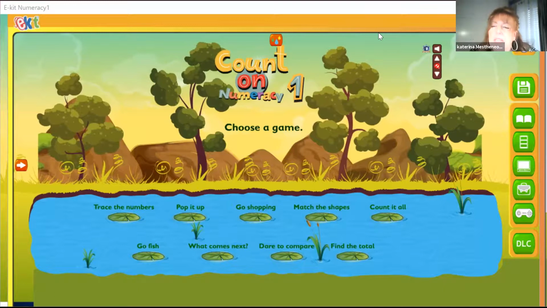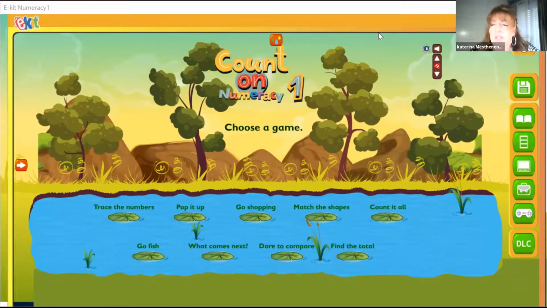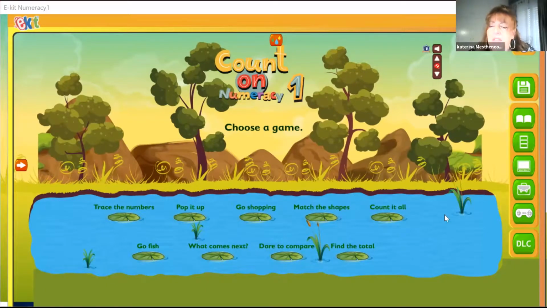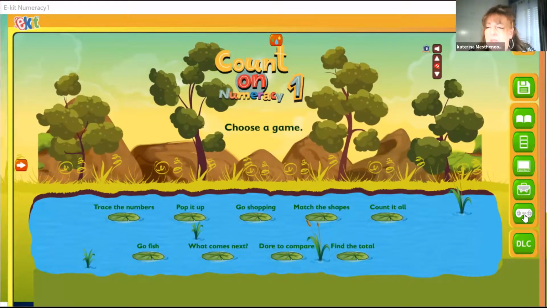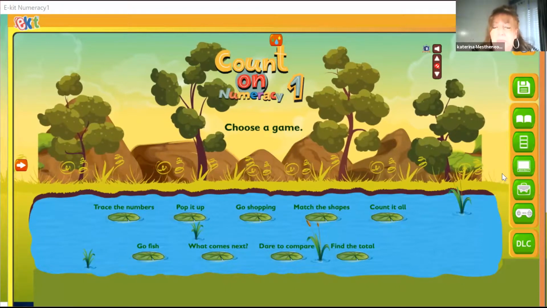So as you can see, it's for foundation stage 1 and 2. And the teacher's guide, you can download it as a PDF, so you can use that really easily.